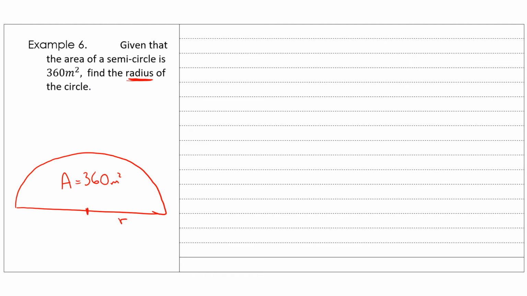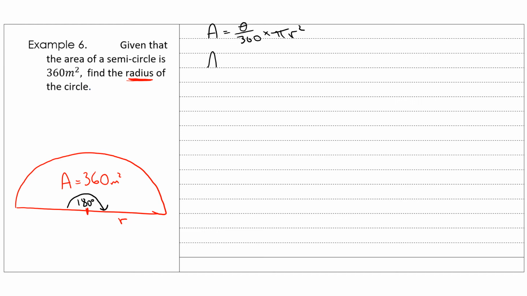Now remember, the radius goes from the middle to the edge here. Now the other thing we know about this is if we were using our formula for area, because it is just a sector, it is theta over 360 times, oh, not 2 pi r, that would be perimeter, times pi r squared for area. Now the theta is this here, which is a straight angle, 180 degrees.